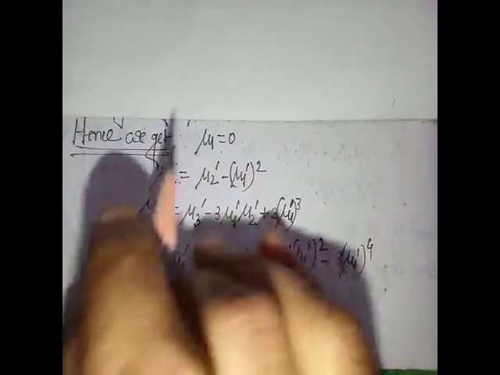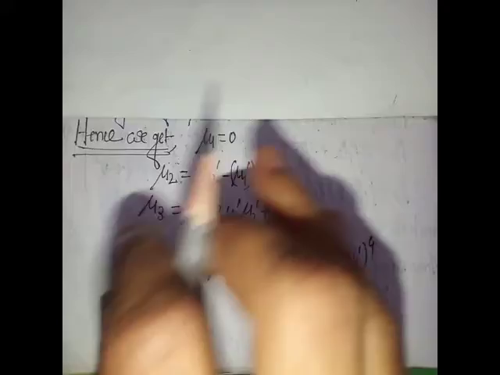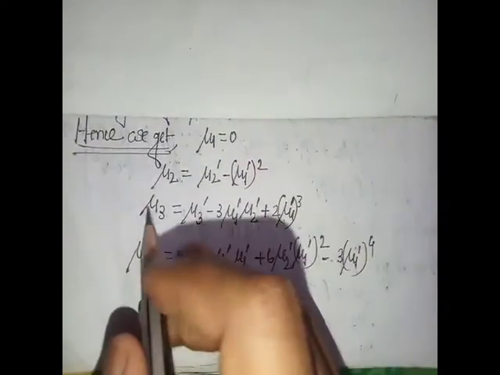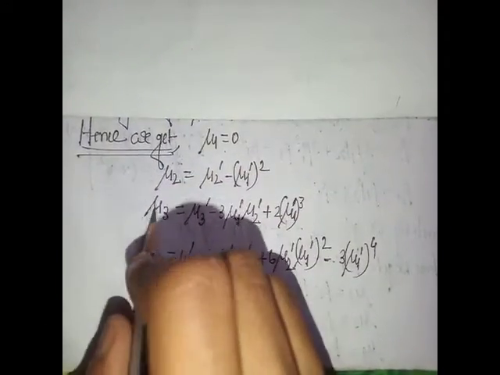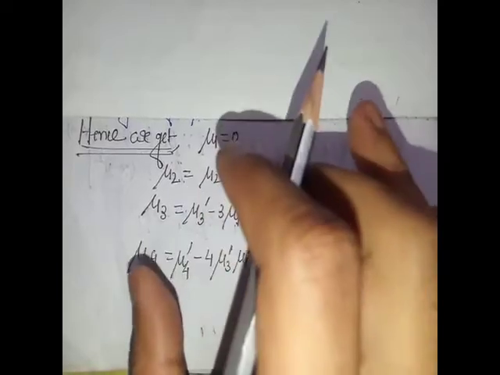So these are the relations between central moment and moment about any fixed point, where mu k is the k-th central moment and mu k dash is the moment about a fixed point.